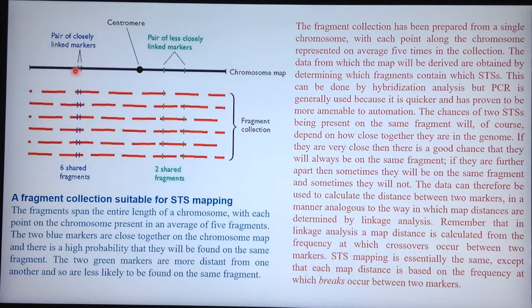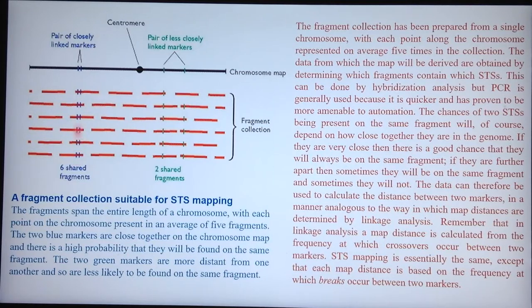So, this is how we can see these are pairs of closely linked markers. These are pairs of less closely linked markers. As you can see here, when the fragmentation is done, these two markers, since they are very close to each other, tend to be together.